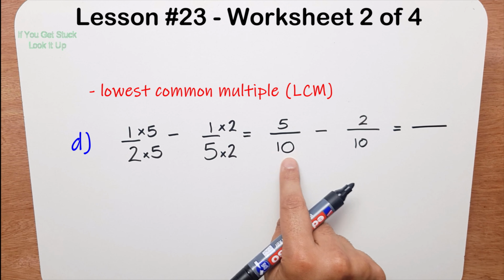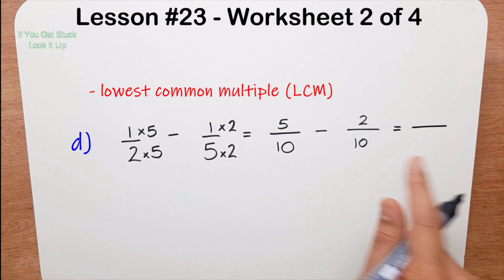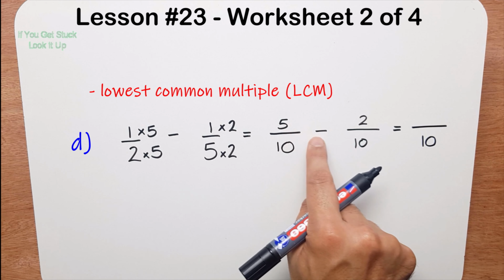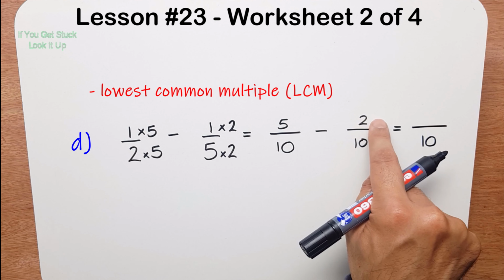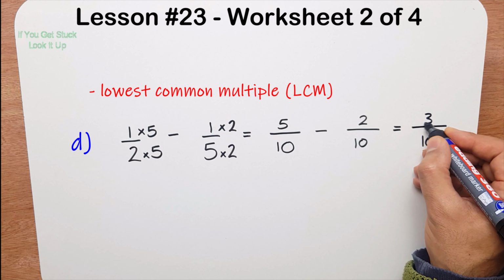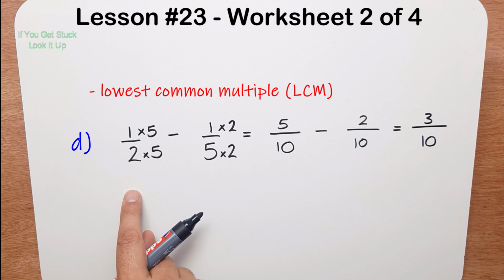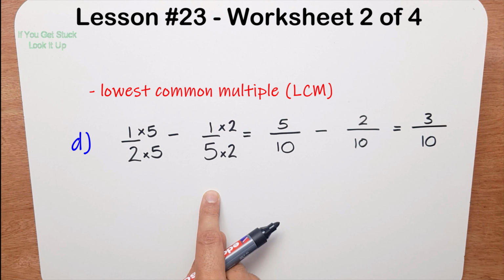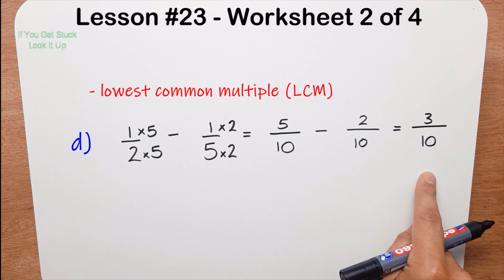Now, as before, because the denominators are the same, this is easy. I can put the 10 down at the bottom. 5 take away 2 is 3. So 1/2 take away 1/5 is equal to 3/10.